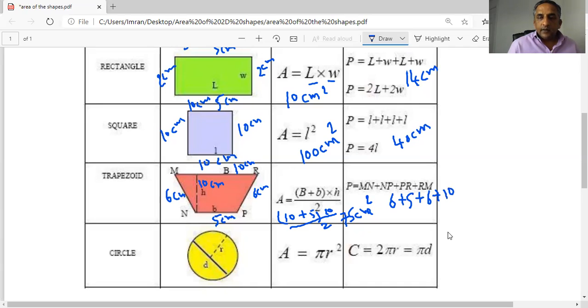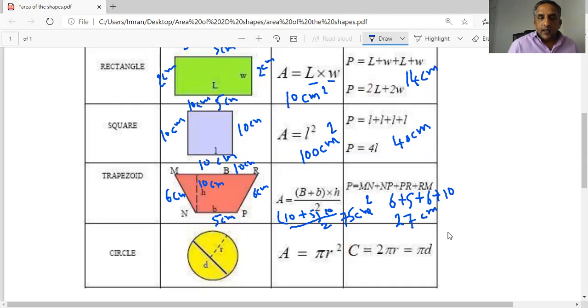So when you add all of them, 10 plus 6 is 16. 16 plus 6 is 22. 22 plus 5 is 27. So it will be 27 centimeter, right?